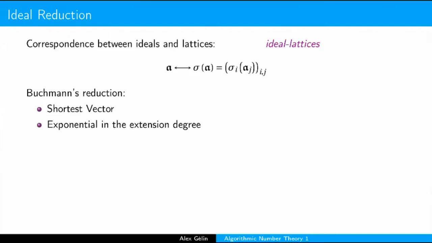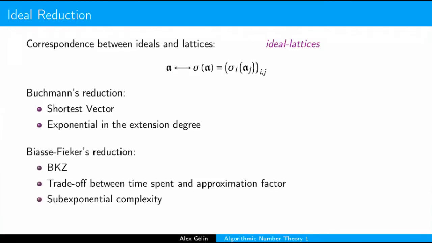What Diem and Fieker did is, again, finding a balance. They say, okay, I don't want something exponential, so I am not going to find the shortest vector. I will stop when the complexity is sub-exponential. What can I get? I will get a short vector, not the shortest one. For that, they use the BKZ algorithm, Block Korkine-Zolotarev, that offers a trade-off between the time and the approximation factor.